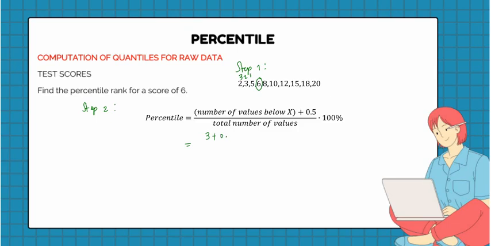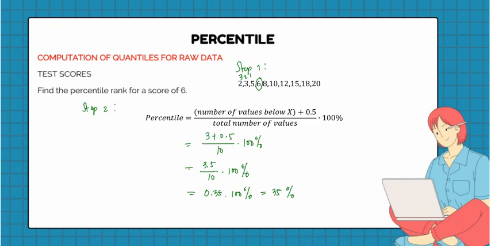Plus 0.5 divided by the total number of values, which is 10, times 100% would be 3.5 divided by 10 times 100%, wherein 3.5 divided by 10 is 0.35 times 100%, which is basically 35%. This means that our value of 6 is actually in the 35th percentile in this specific data set.